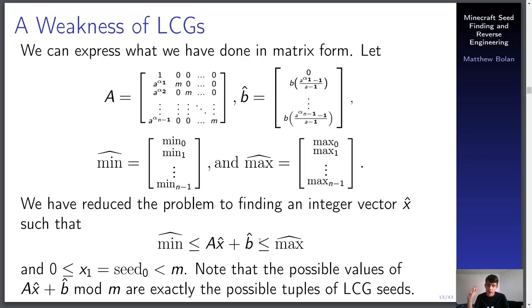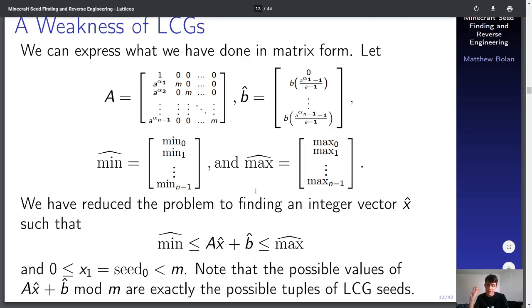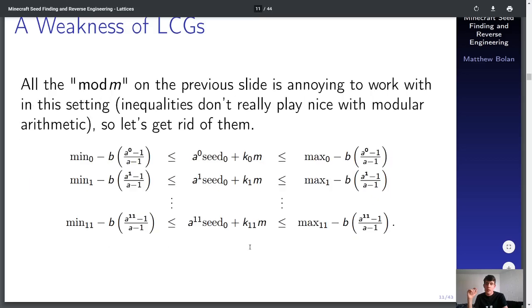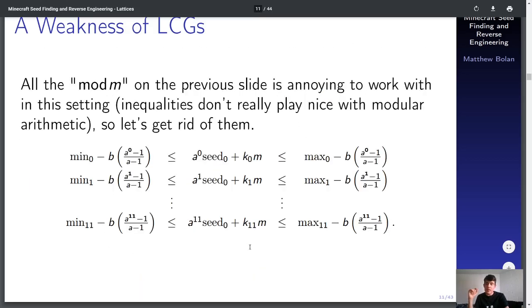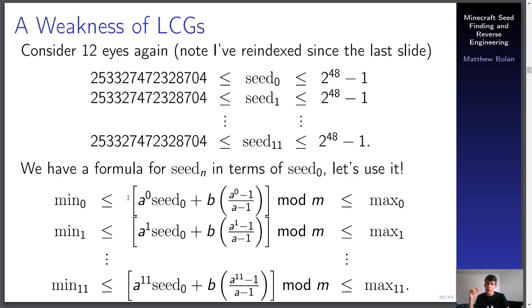And the reason why is actually pretty simple, because if we actually trace through what x hat times a is, we're going to see that a times x hat plus b hat is just exactly what we had in the middle right here, all of these things.